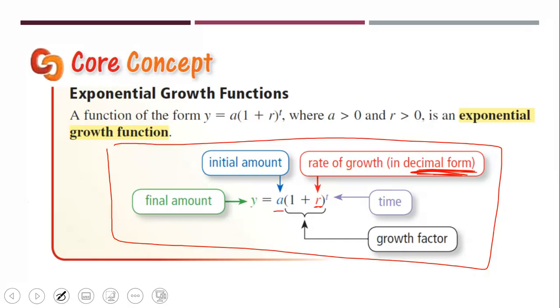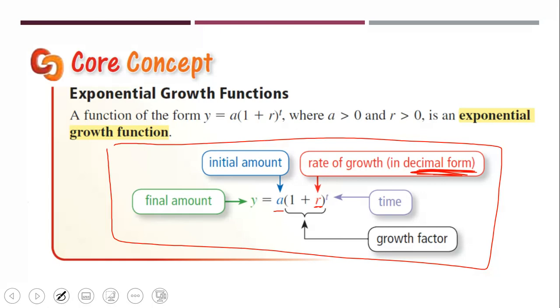So lots of times they're going to say something like, okay, you have a population of 50,000, it's growing at a rate of 3.2%. What is the population in 10 years? So that 3.2% has to be converted into a decimal, 0.032, when you're using this formula right in here.